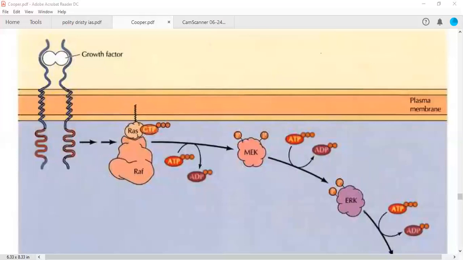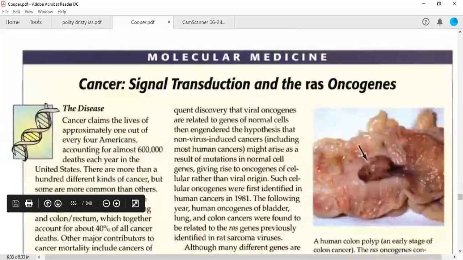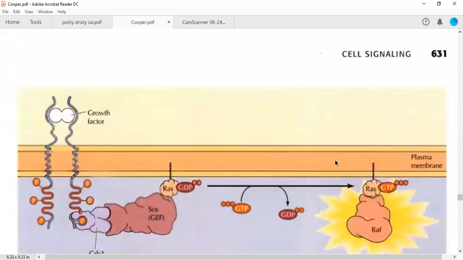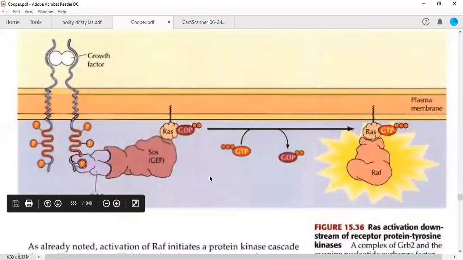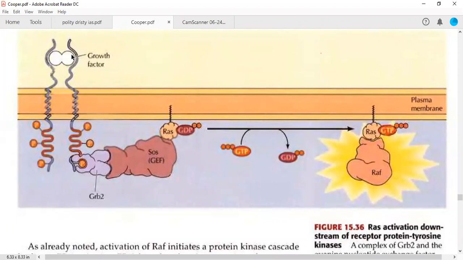Okay, so if this is not clear from here, we can move one more page, where we will have another diagram which is actually more clear. So this particular receptor tyrosine kinase, because they are the second largest cell surface receptors after GPCR proteins, will receive the signal on the extracellular surface.